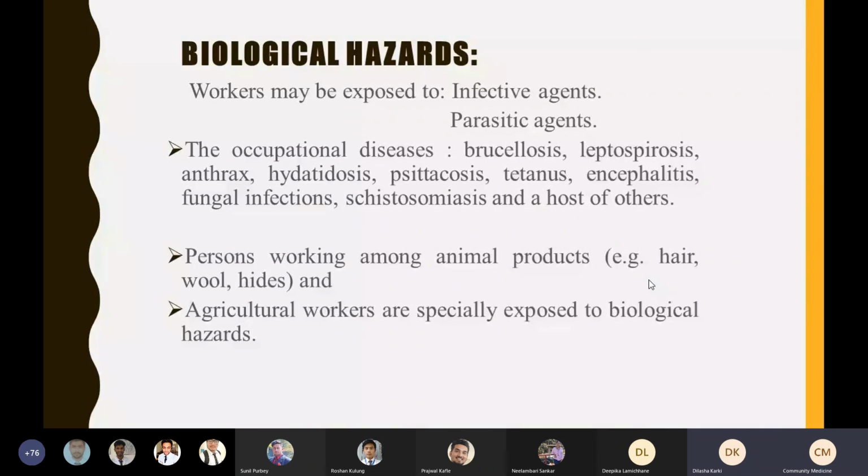Workers may be exposed to infective agents or parasitic agents. The occupational diseases are brucellosis, leptospirosis, anthrax, hydatidosis, and tetanus. So these are the different biological hazards causing occupational disease. Persons working with animal products, or agricultural workers, are especially exposed to biological hazards.